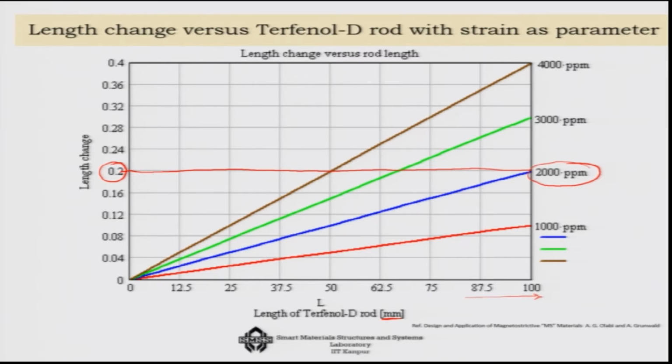So, that gives you an idea about how small this change of length is. In fact, if it is piezoelectric material, it will be something like 0.09 or so. So, it is even smaller, and if it is shape memory alloy, right now it is 0.4 is the maximum here, but it may go to something like 0.5 millimeter or so. So, that is the highest we are talking about. So, you can get an idea about the length change.